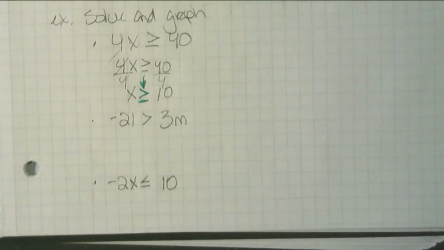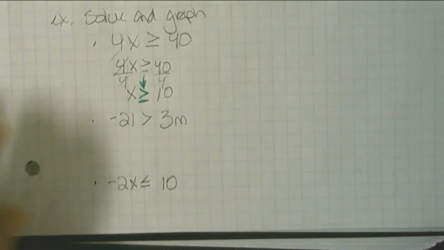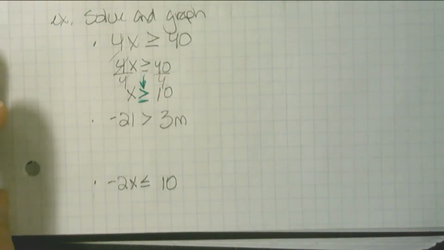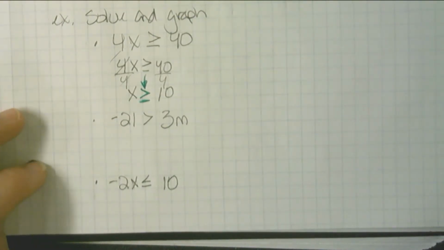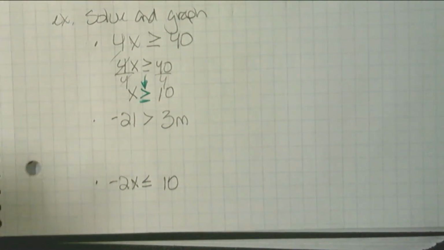Look back on the notes. What indicates that we have to flip the inequality symbol? When what is negative? Excellent. What's our coefficient here? Not the 40. Remember, you guys, come on. The coefficient is the number the variable is being multiplied by in your equation.